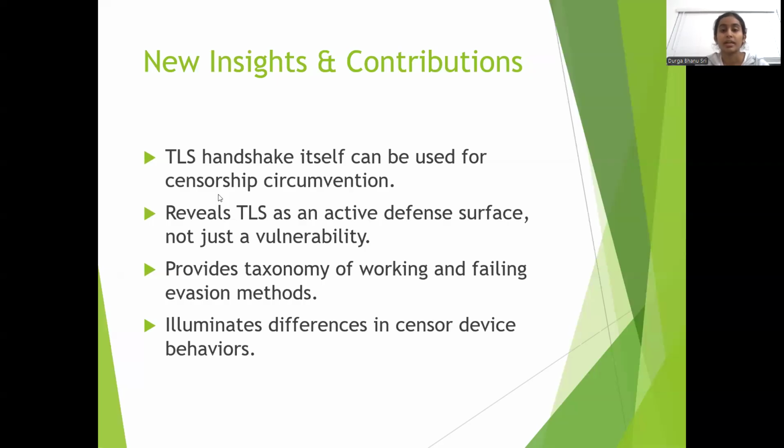Different devices may parse or enforce TLS differently, which gives room for selective evasion. Encrypted Client Hello, ECH, and future TLS enhancements matter, but deployment is uneven and censors may adapt. The paper also provides a categorized library of techniques and failure modes for future researchers to build on.